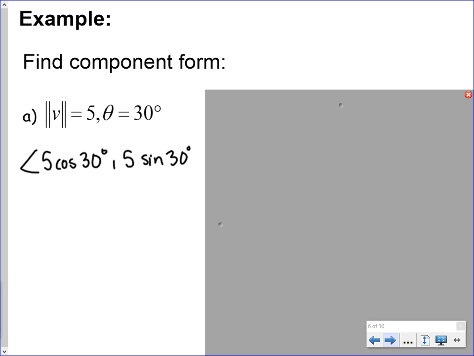This would be my setup. 5 times cosine 30, comma, 5 times sine 30. Anybody got my cosine of 30 degrees from the unit circle? I heard from Lily already today. Anybody else know your cosine?